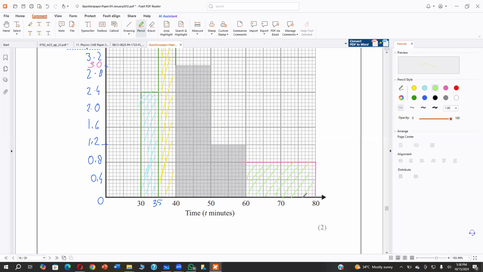Compare the figure. Are you getting the same figure? Yeah, I got the same.